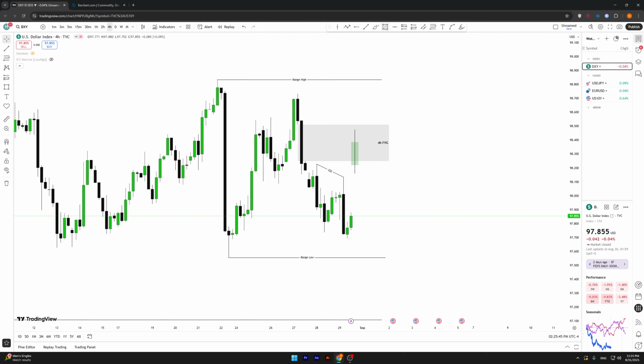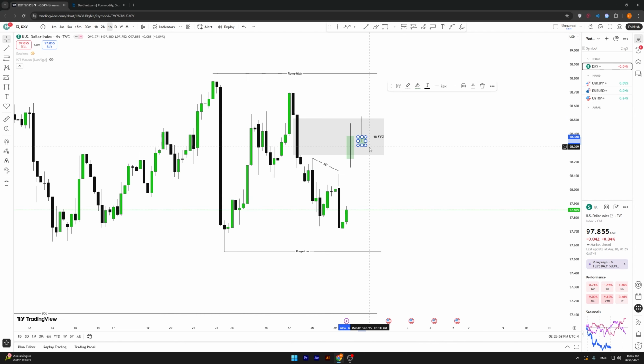Like this, and then I will wait for another candle to close down and sweep this high. I will wait for price to create a model like this. This can be a bearish or bullish candle, but I would prefer bearish.